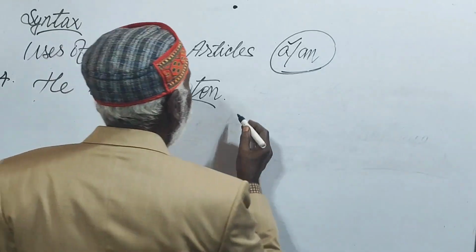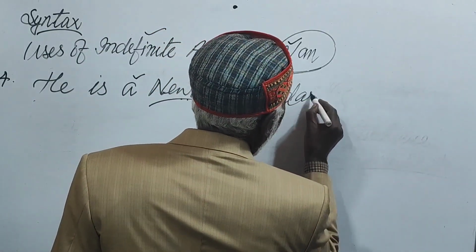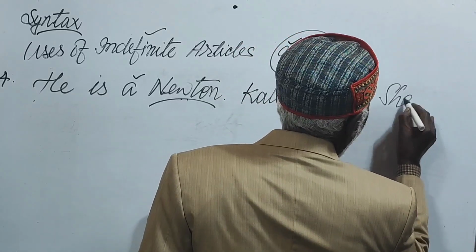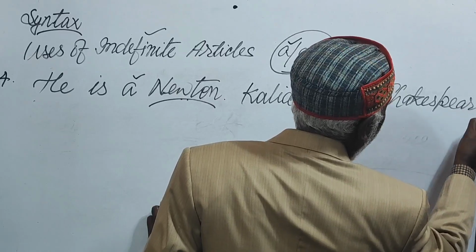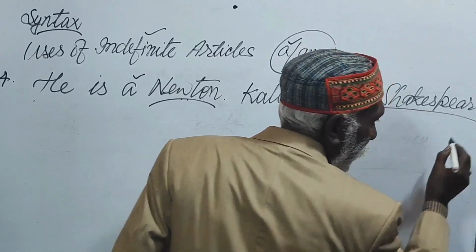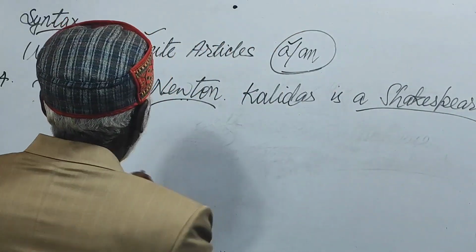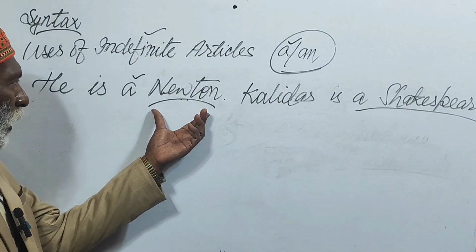Kalidas is a Shakespeare. Here, a Shakespeare means this one has been generalized. He is a Newton, वह एक न्यूटन है, so Newton is now treated as general, common.